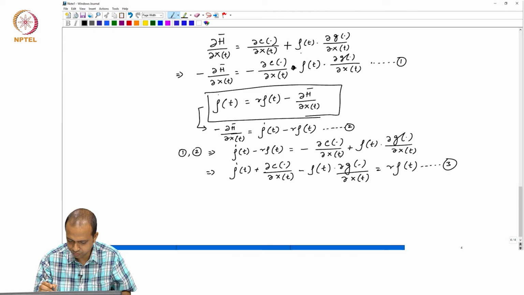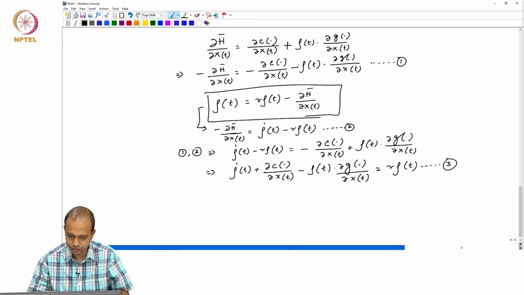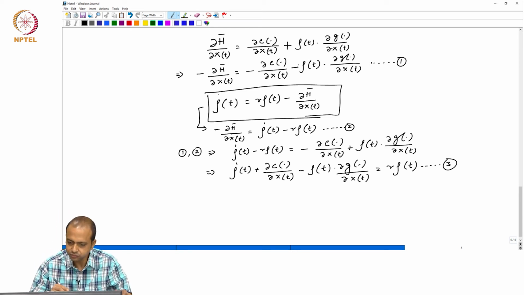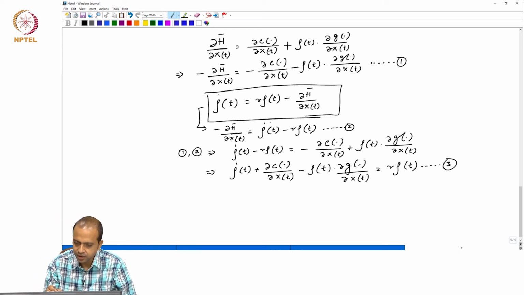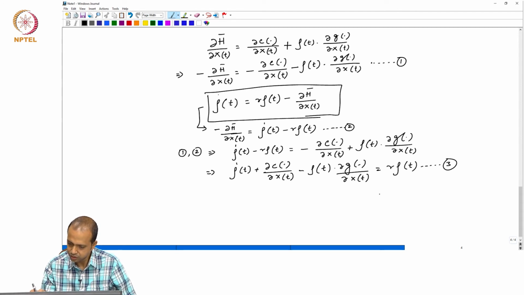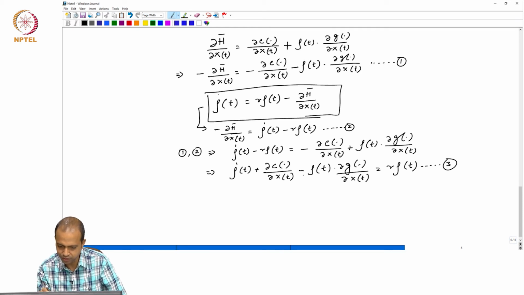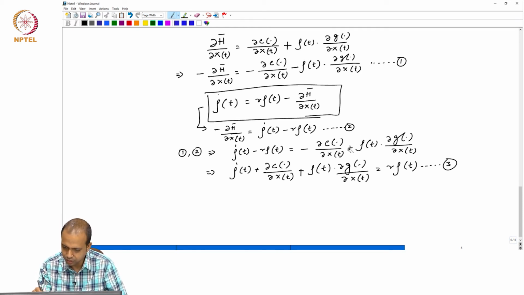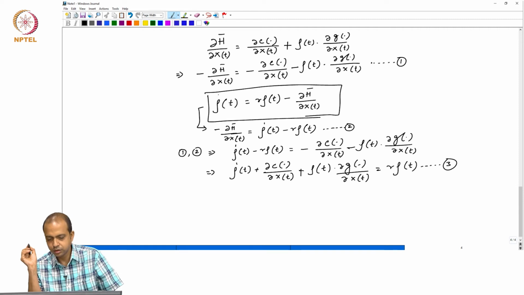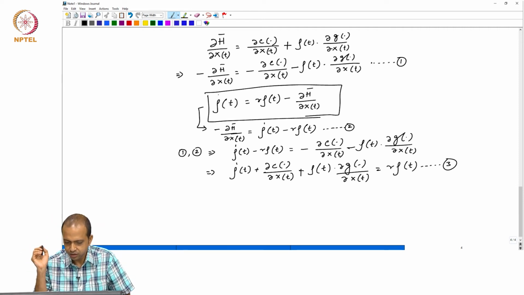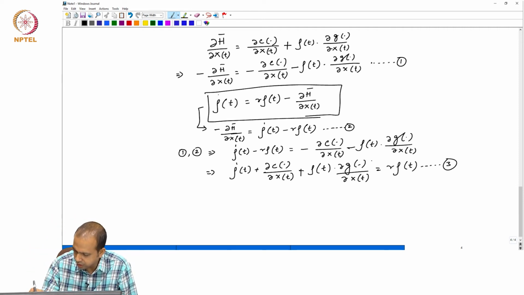So, this would become minus, and then if this is minus, then rho dot t equals to this. So, ultimately this would become plus. Okay.